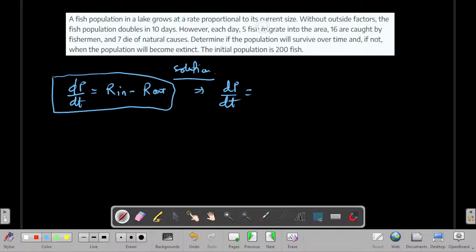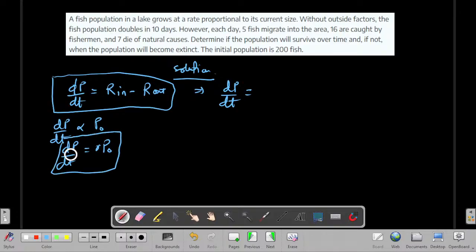It's saying that dP/dt is proportional to P naught, its current size. Therefore, I can replace the proportionality with a constant of proportionality, so dP/dt is equal to an unknown r times P naught. This alone is a whole differential equation on its own.